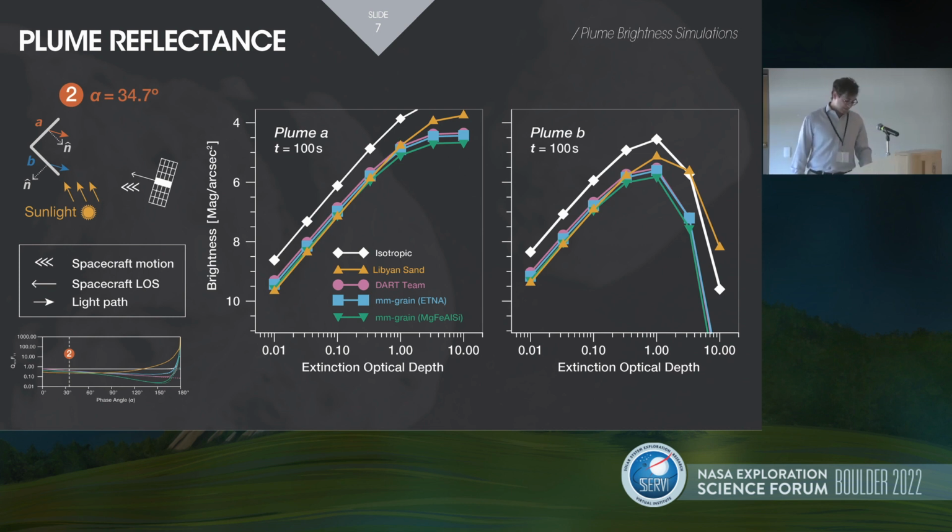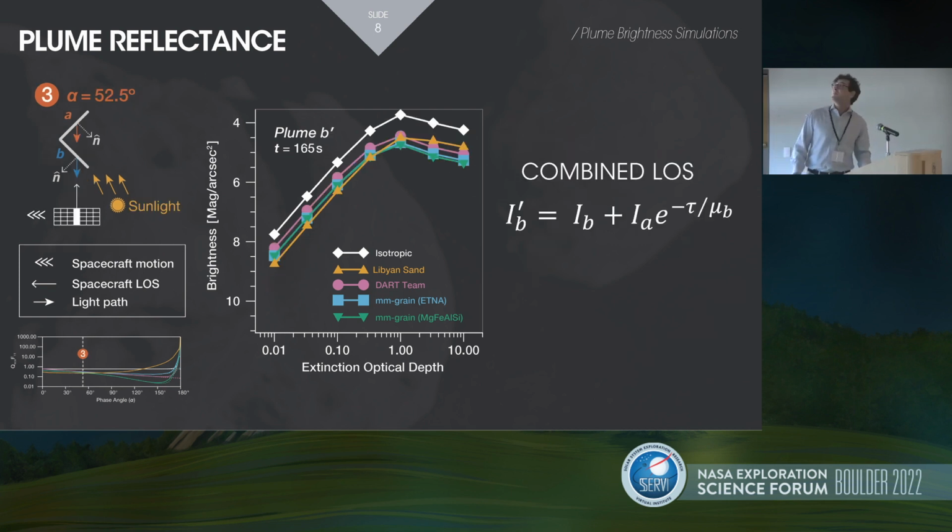And you can also see that the brightness values from the Libyan sand case, the orange curve, basically start to get brighter, and that's basically because they're modeled as small grain cases, and small grains tend to be brighter. So moving on to step 3, at t equals 165 seconds at a phase angle of 52.5 degrees, and here LSE is viewing the plume from the side.